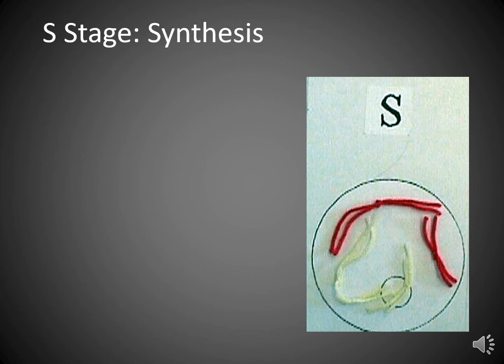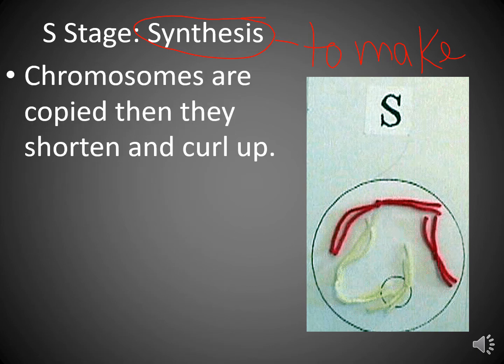As the baby grows, we realize that the next stage is called the S stage, and it's called synthesis, which means to make. This is going to be to make or replicate. And the reason I'm saying this is because this is now where chromosomes are copied and then they are shortened and curled up.